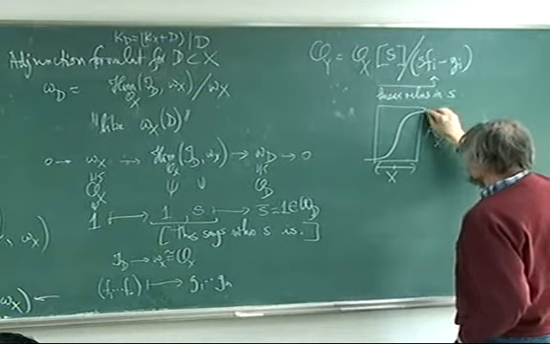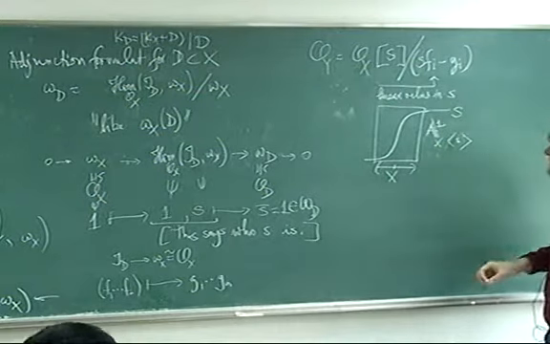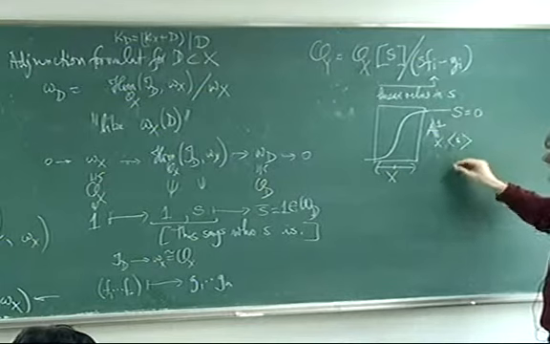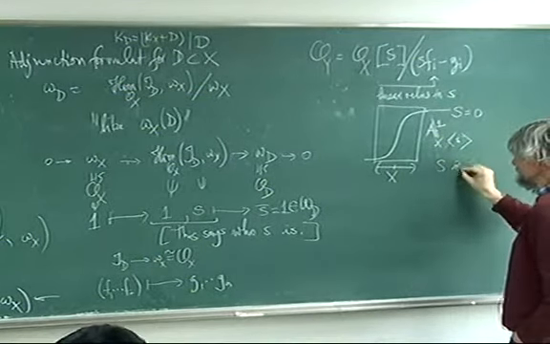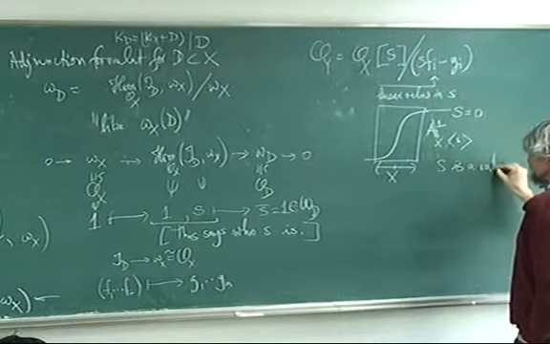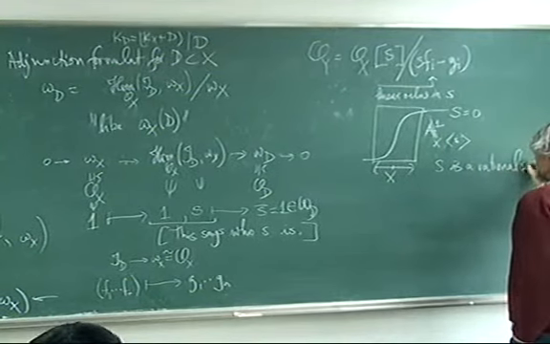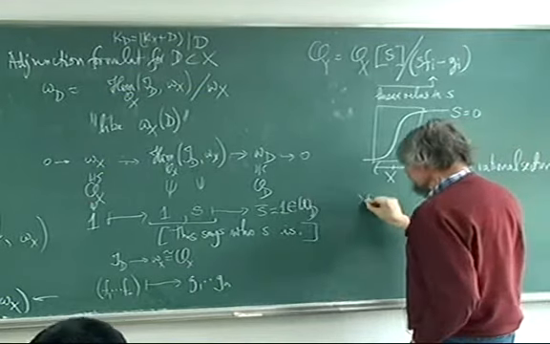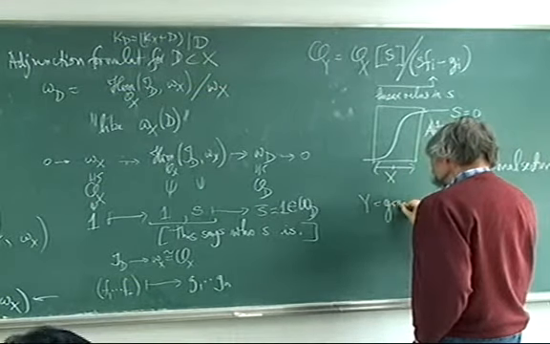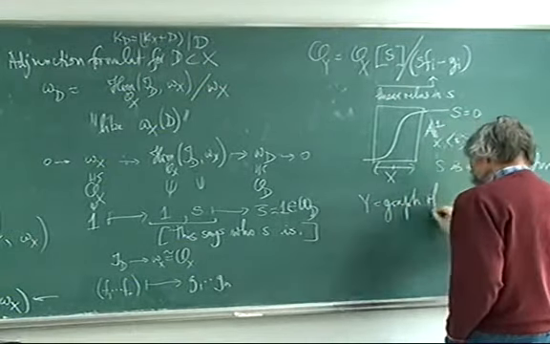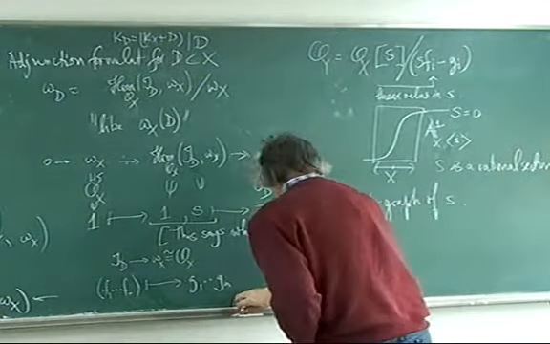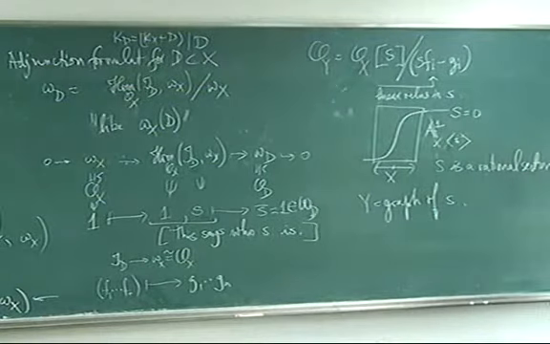So the thing I'm writing is S equals 0. S is a rational section. And Y is the graph of S. Okay, so that's the statement.